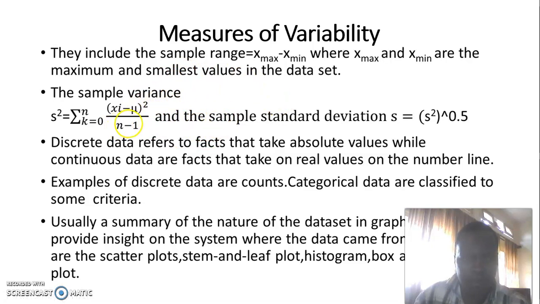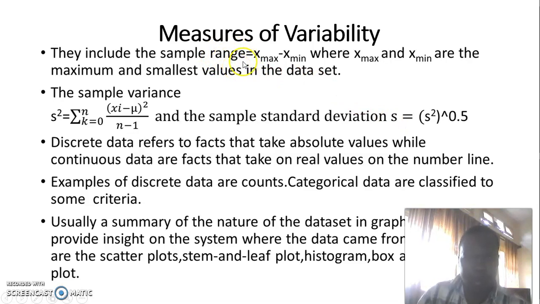If variability is low, that means that the variance will also have a low value, or the standard deviation will have a low value, or the range will also be small.